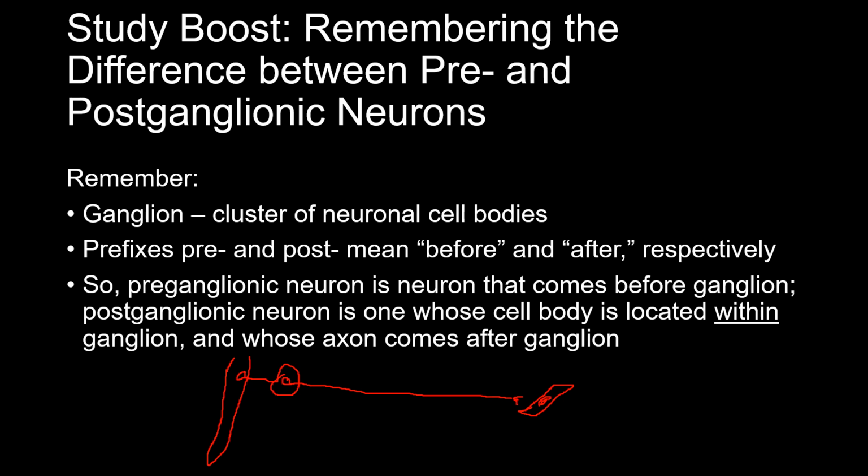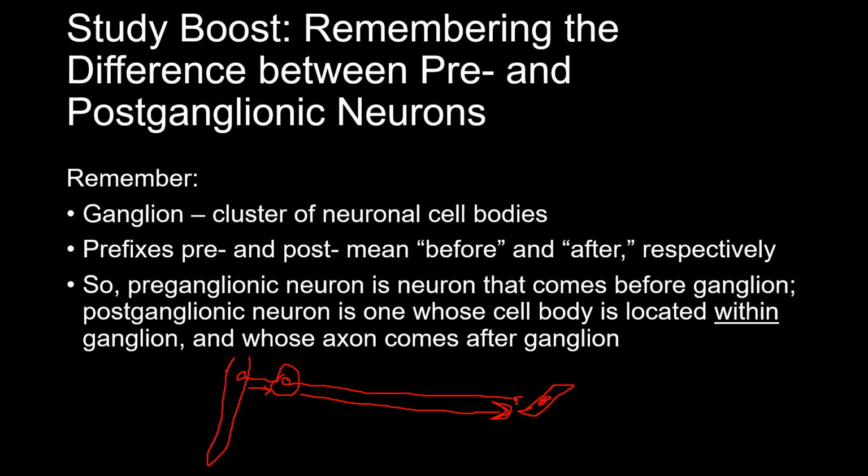So this would be an example of what kind of neuron, which division of the ANS is this? And you should know this because I just went over it. So it has a very short preganglionic neuron's axon, and the axon of the postganglionic neuron is very long.